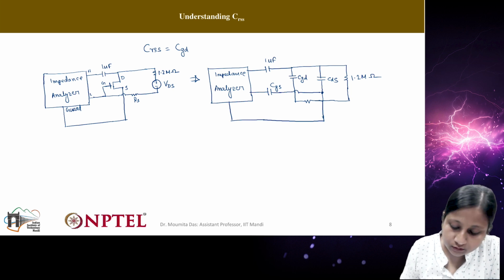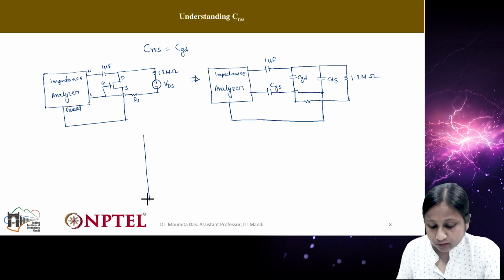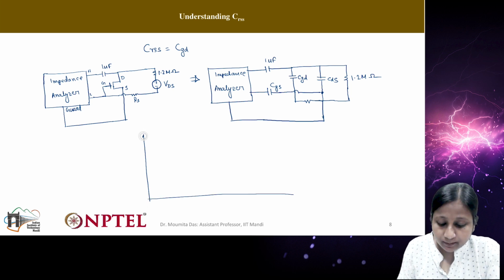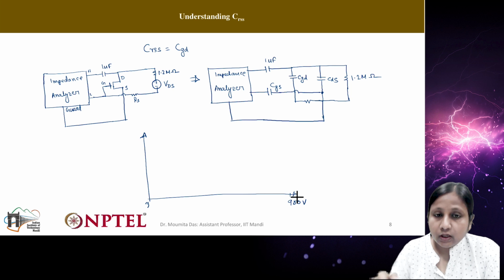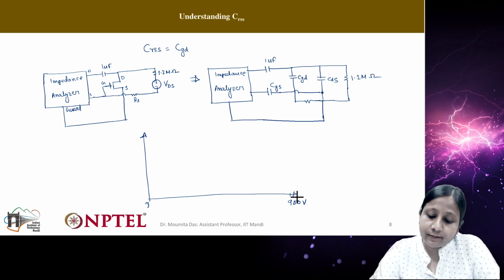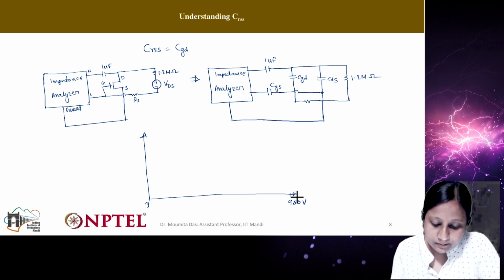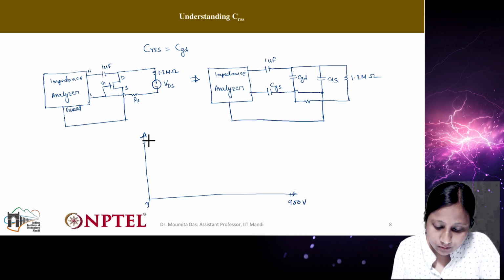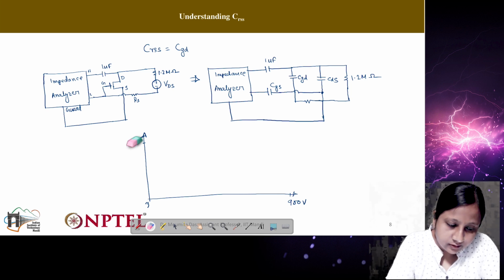So how do the characteristics look for this reverse capacitance? If I try to keep similar characteristics for a similar device, it is having the voltage level 0 to 900 volts. Now this reverse capacitance is having only one capacitance, so the value of this capacitance will be much lower. It will be starting from, let's say, a maximum of 300, not 300 volts, 300 picofarad.